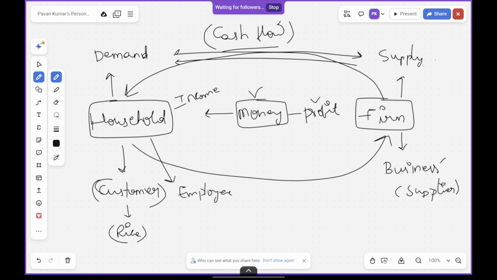Let's say an employee is working for this business. When the employee is working for this business, what will the business receive? Profit. And in return, what is the business or the firm paying back to the household? It is paying back the salary. And who is getting that salary?